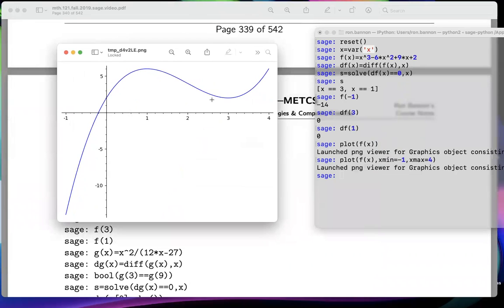What happened at 3? That's where the derivative became 0, and we're getting a relative minimum there. The function's increasing, it's a relative maximum, it decreases, it's a relative minimum, and then it increases. Good to know that.